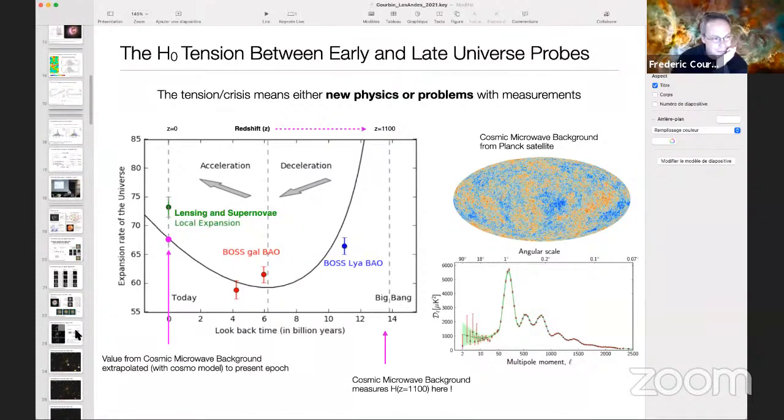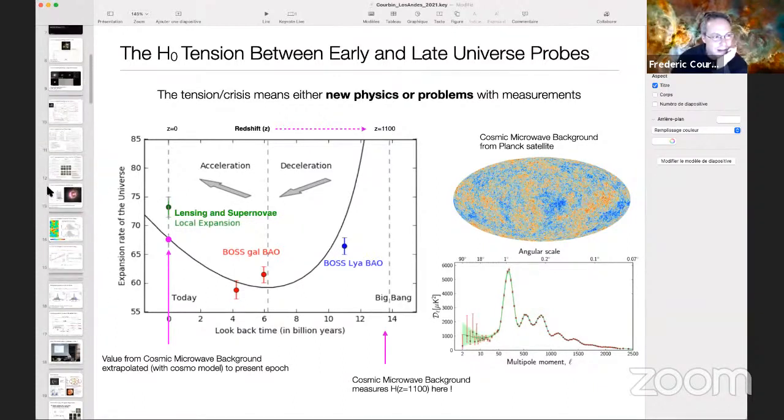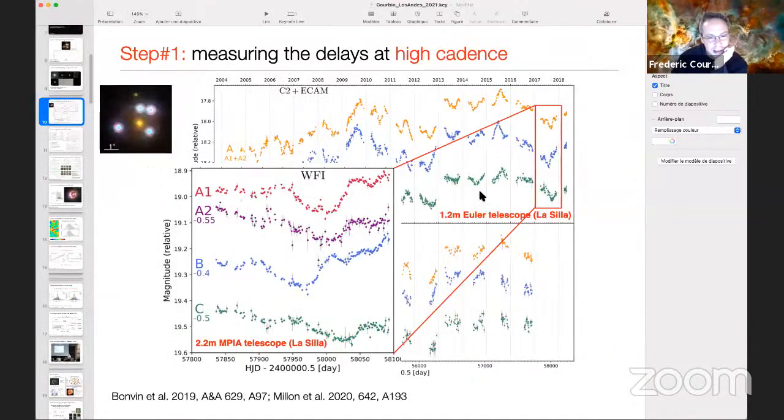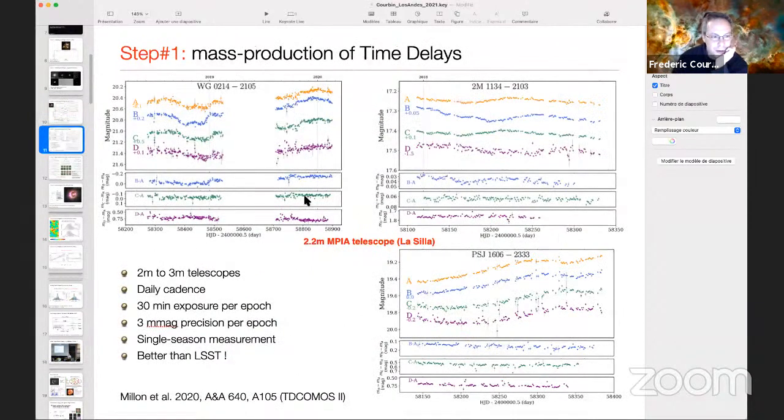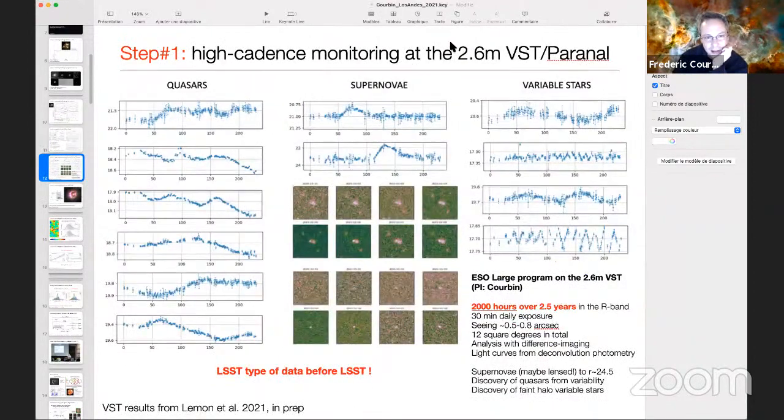So typically, let's say the data that we take with the Euler telescope, essentially, at the end of the night, it's in Lausanne and reduced. For the 2.2 meter, it's a bit more complicated because it's large format CCD. And for the VST, it's super large format CCD.